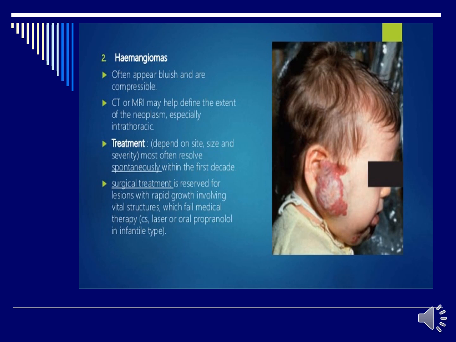Small ones are left alone, accessible ones are removed, diffuse and difficult ones we refer. We either wait for spontaneous resolution within the first decade, or surgical treatment is reserved for lesions with rapid growth involving vital structures which fail medical therapy, such as corticosteroid injection, laser, or oral propranolol in the infantile type.